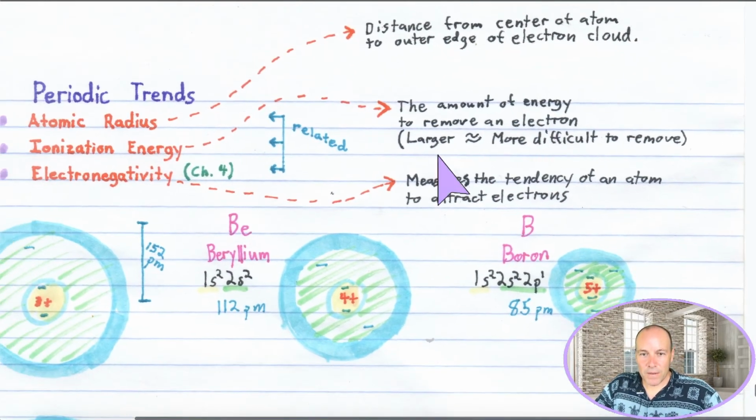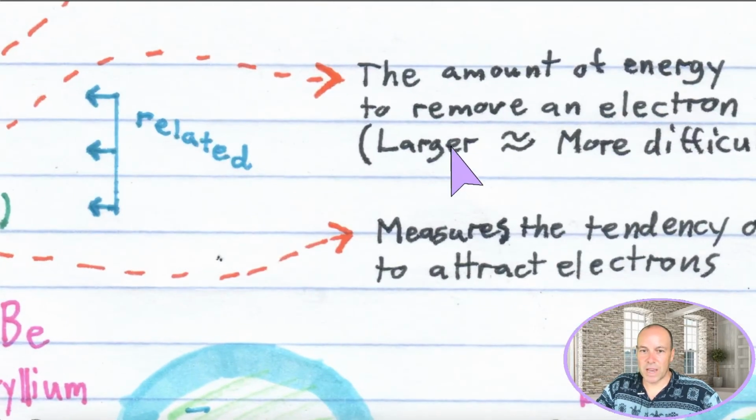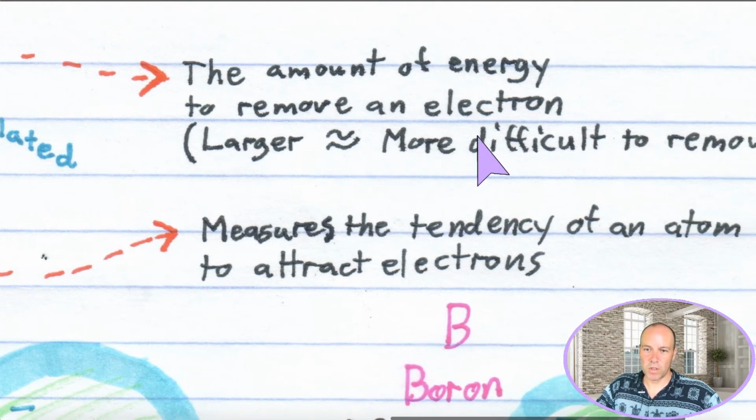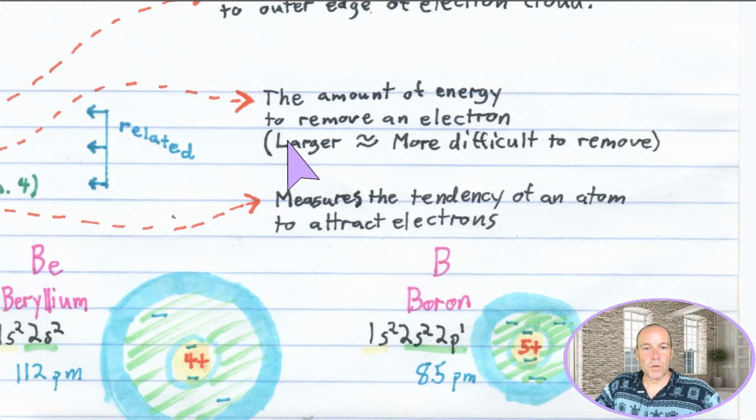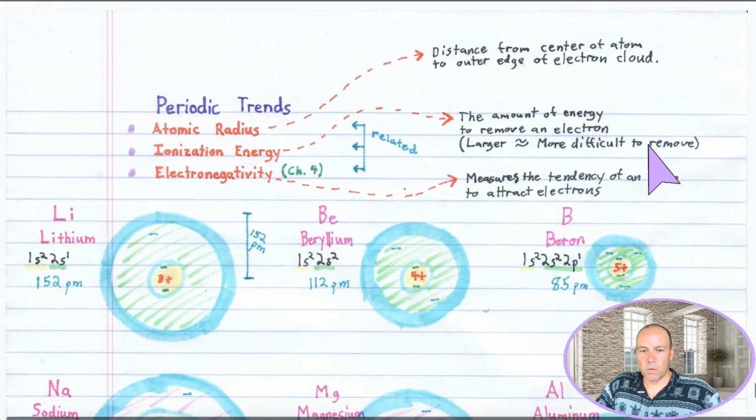Now, I have a typo here. This should say smaller. Smaller atoms means it's more difficult to remove the electron. Another typo. I hate typos. So with smaller atoms, the electron is more difficult to remove.